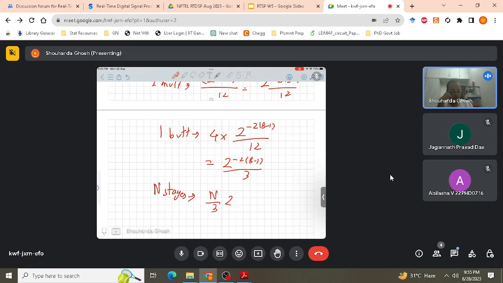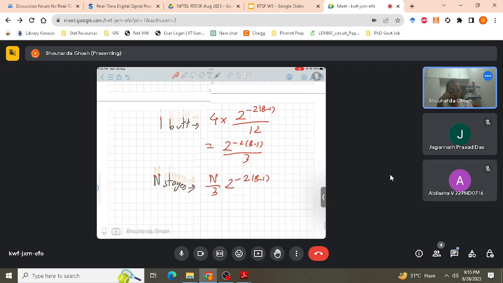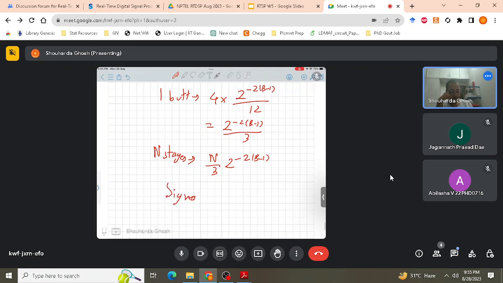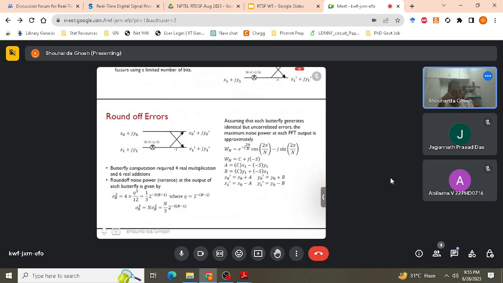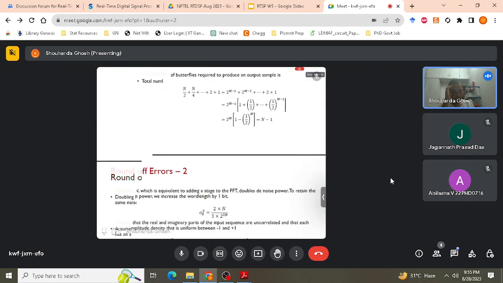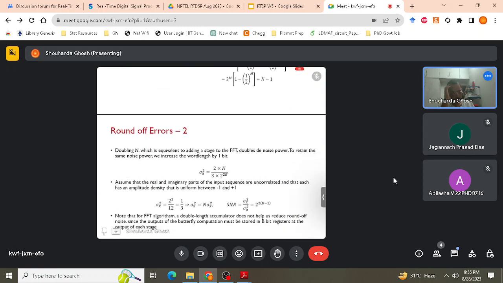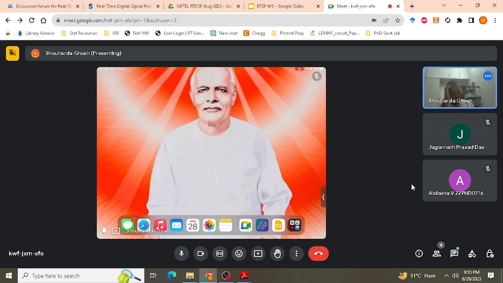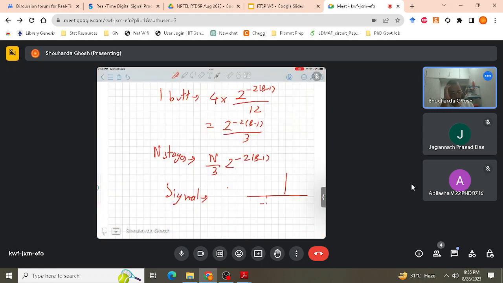n by 3 times 2 to the power minus 2 times b minus 1, and then the signal power is, okay, they will be given only the noise power. So I hope this is clear. Here what they have assumed is that the signal is also distributed uniformly between -1 and 1, and hence the corresponding power is 1 upon 3.